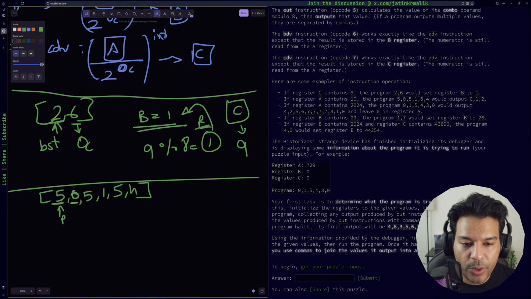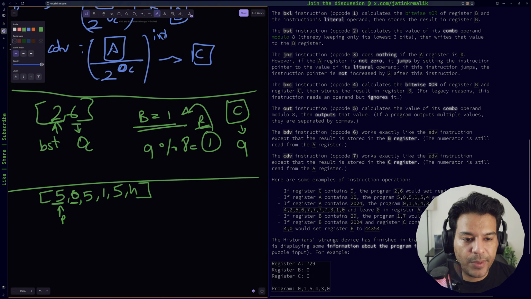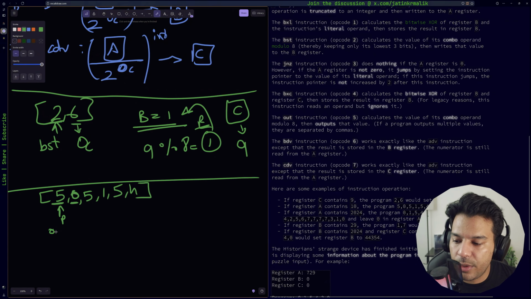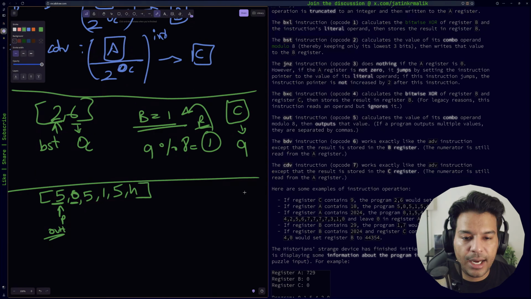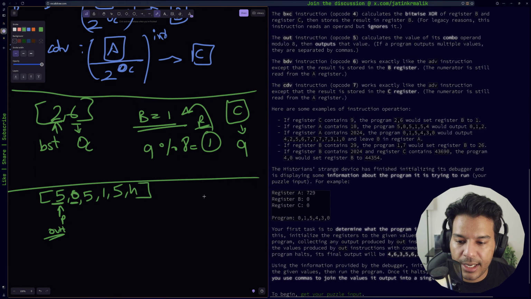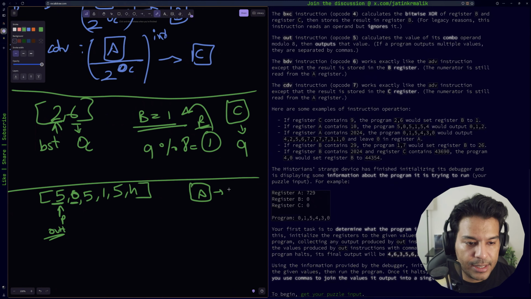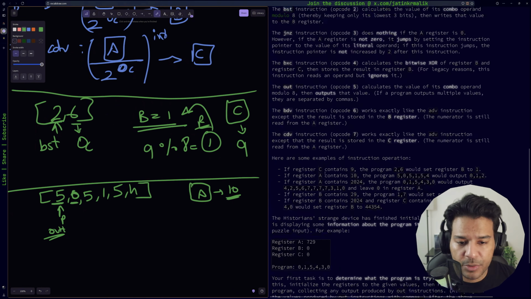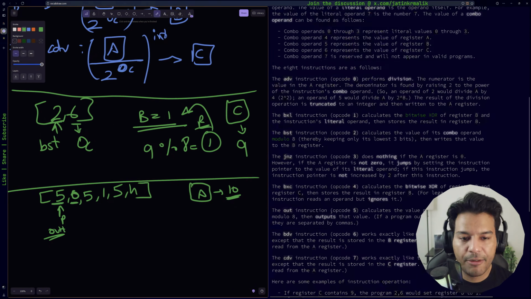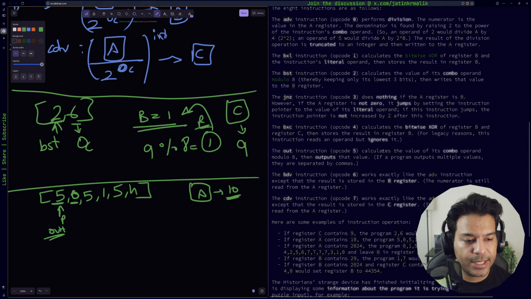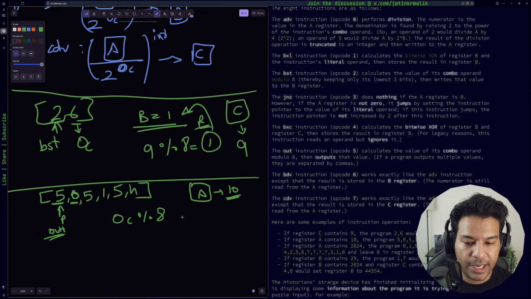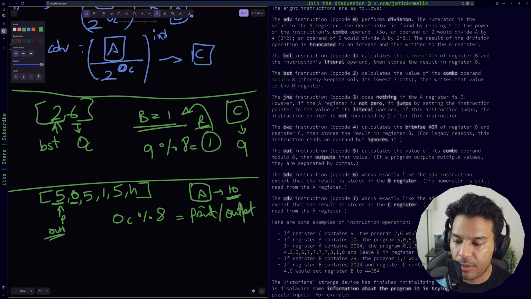And our opcode is initially given 5, so if we quickly see, the 5 points to the out instruction, and we are also given in this example that the value of A is 10, and we are not given other values probably because we don't need it here. But if we read the 5th instruction, the out, it says that calculate the value of its combo operand modulo 8. So we have to do OC mod 8 and then we have to just print or output the value. So first what we will do is we have 5, 0.